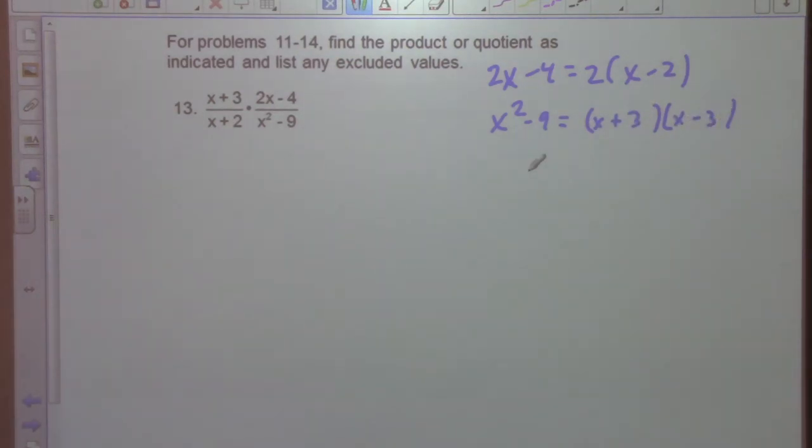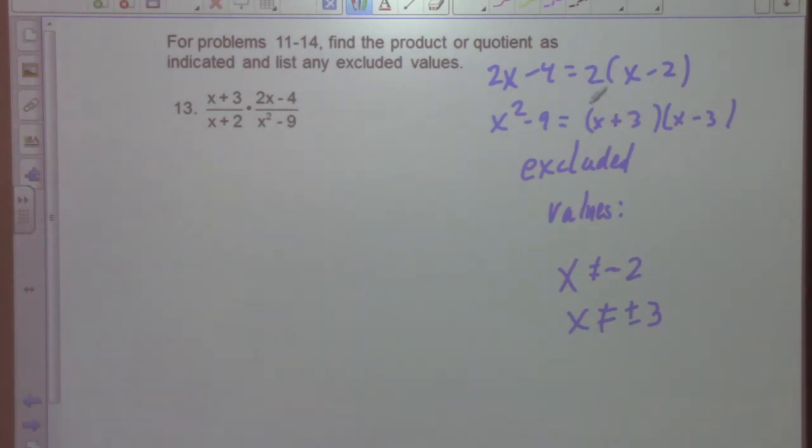Any excluded values headed our way? So x cannot equal negative 2, and x cannot equal plus or minus 3. Anything else?